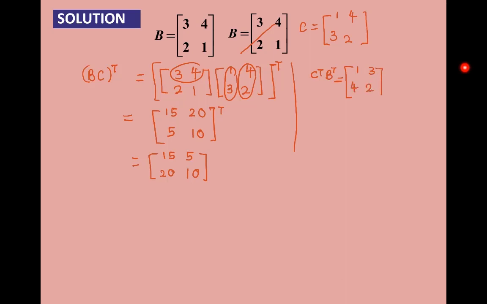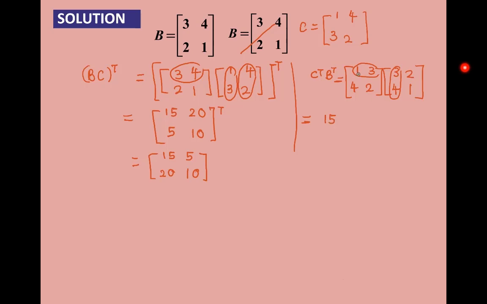We're going to multiply with B transpose, so B transpose will be [3, 2; 4, 1]. Okay, let's multiply these two matrices. First, row 1 times column 1: 1 times 3 is 3, plus 4 times 3 is 12, so 12 plus 3 gives us 15.